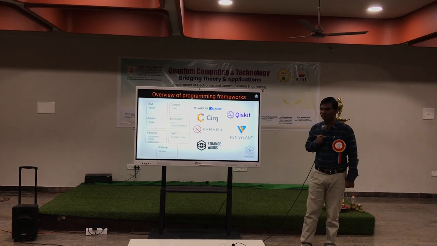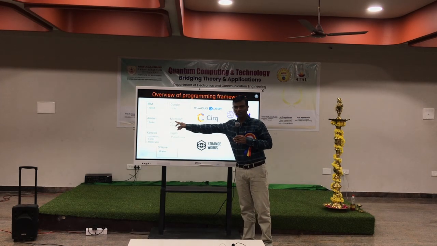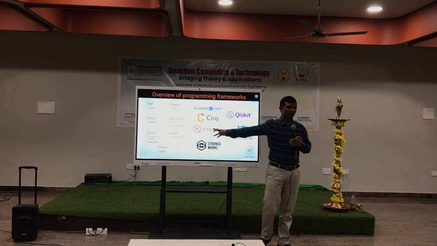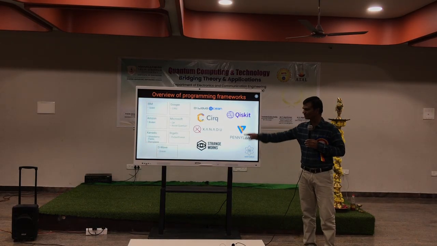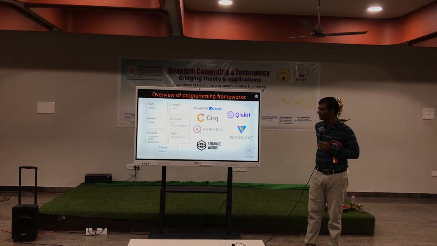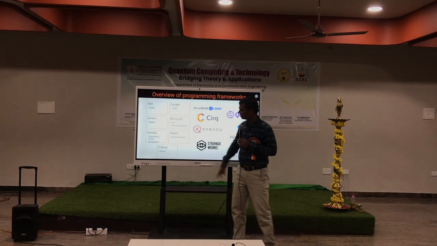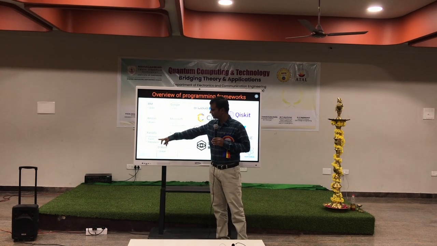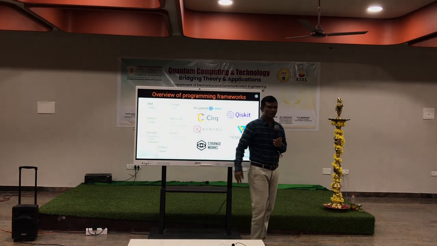And Azure Quantum is the cloud where you can connect to Microsoft's quantum computer using Azure cloud. That cloud is called Azure Quantum. And Xanadu company has developed these two, Strawberry Fields and PennyLane. Here PennyLane is the one which you will use for machine learning.